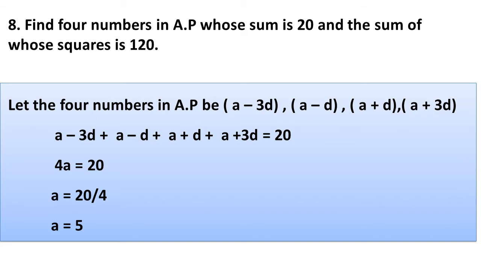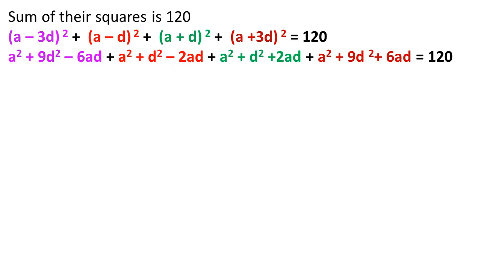Sum of whose squares is defined as (a minus 3d) whole square plus (a minus d) whole square plus (a plus d) whole square plus (a plus 3d) whole square, which is equal to 120. Try to expand by using the identity (a minus b) whole square and (a plus b) whole square.